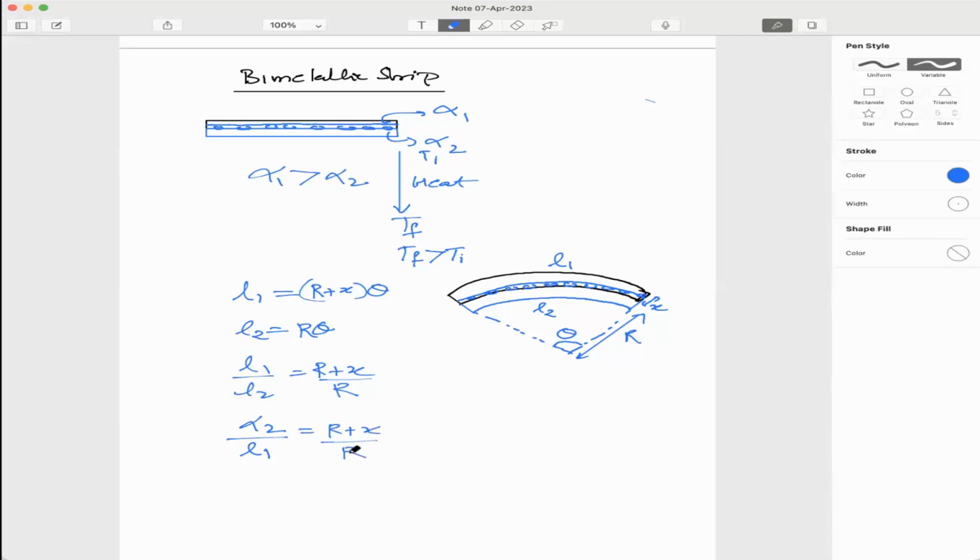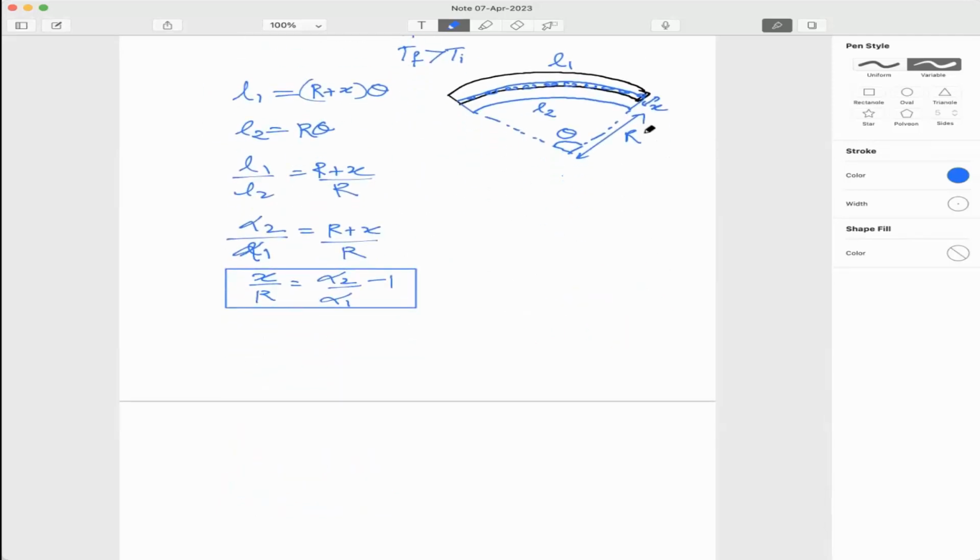We need to find X by R, so X by R is alpha 1 by alpha 2 minus 1.